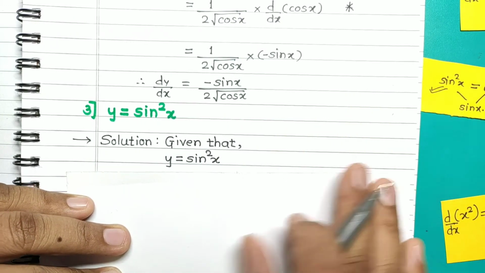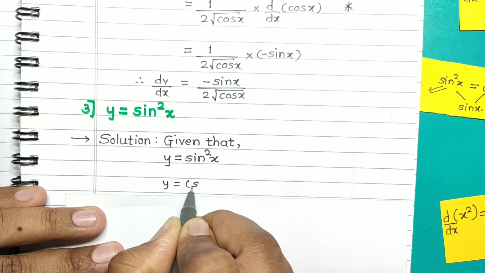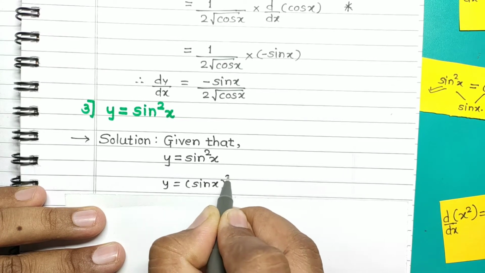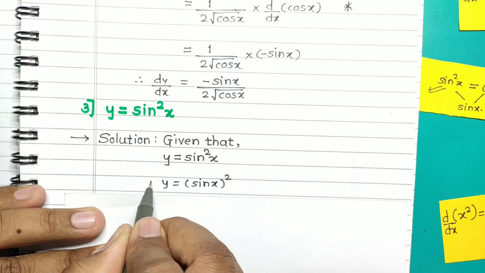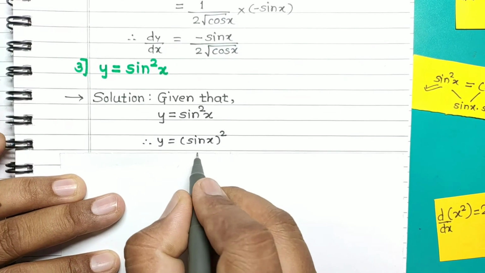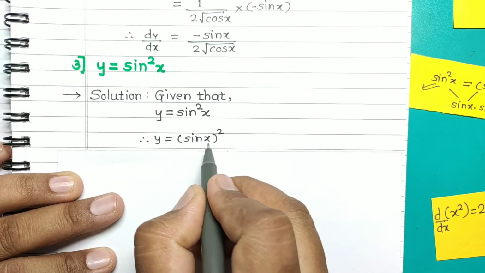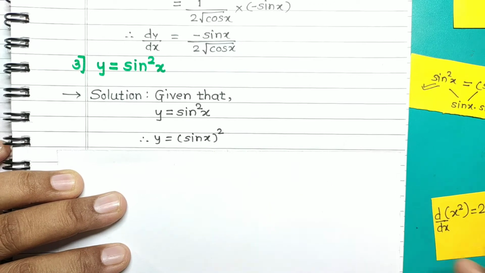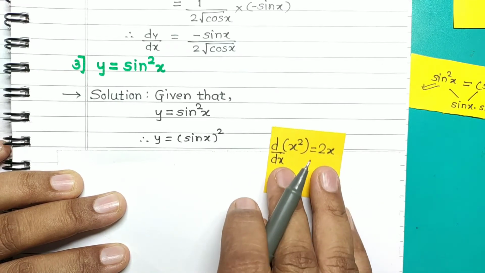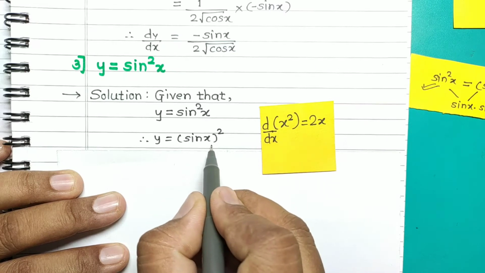So let's write this y as (sin x) bracket square. Here bracket is important. Now we observe that this is a composite function and it is like something square. So we are going to treat it as x square. Instead of x, it is sin x.